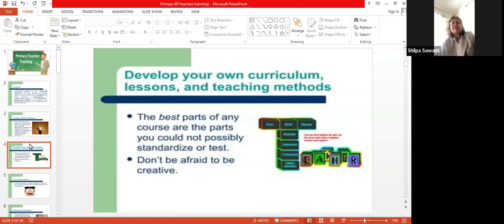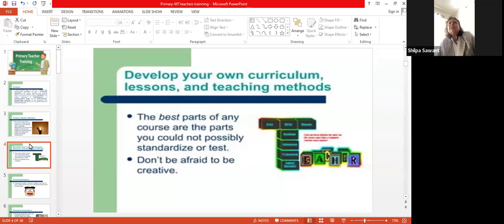They don't have to be afraid to be creative because that is very important. If you are not interested in that particular lesson or chapter, how do you expect the students to be? So it is very important first to know the pulse of that particular class, and then they will understand what the class requires.